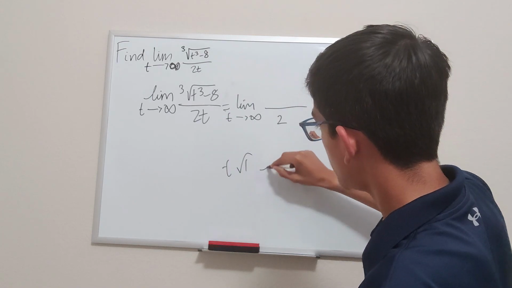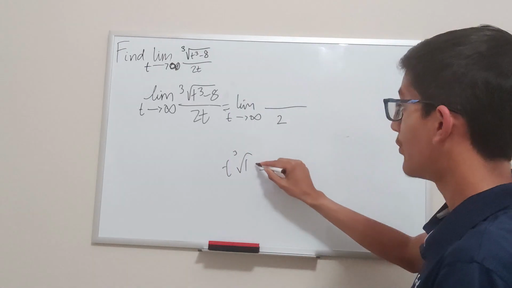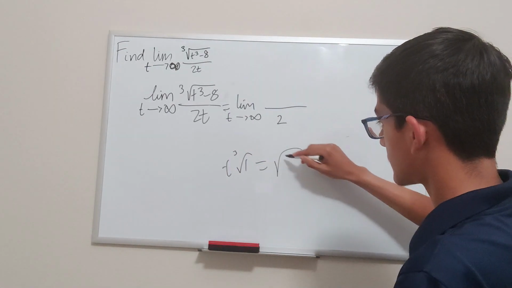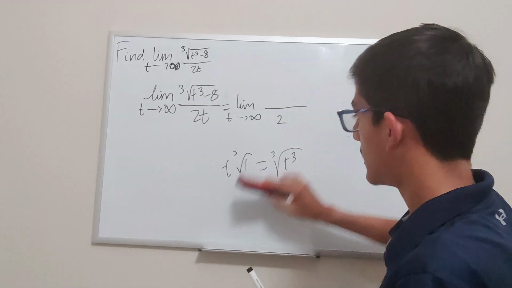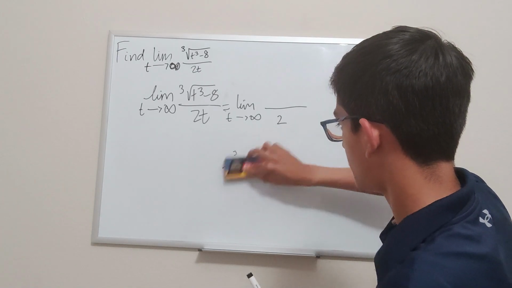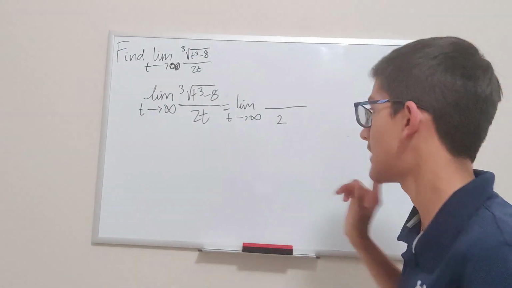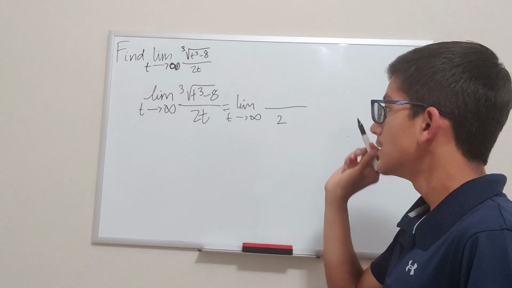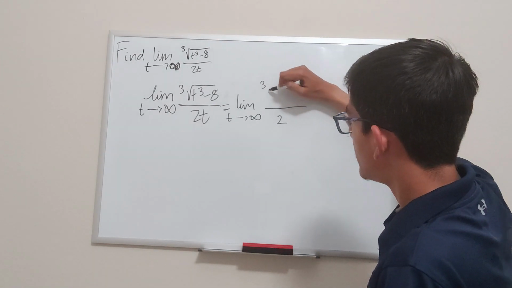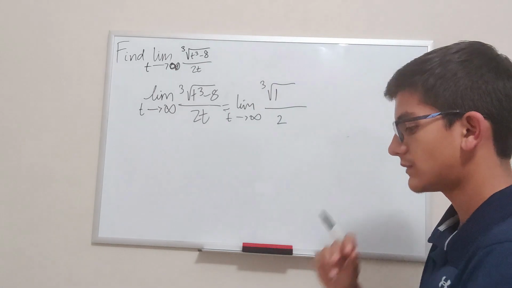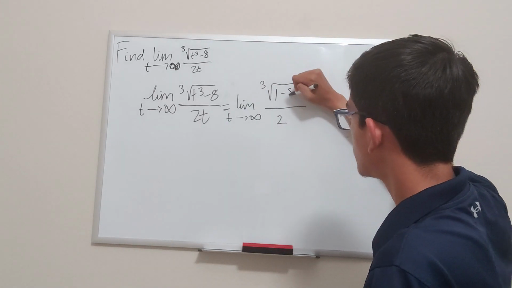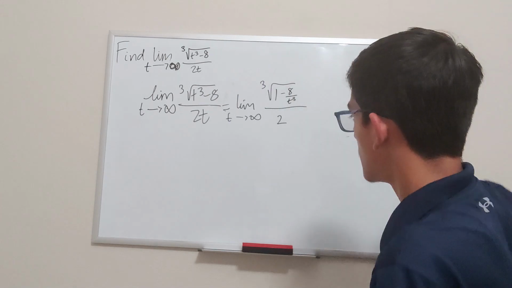So we have to divide by t cubed. In this case, it doesn't really make a difference, but you have to be correct, obviously, when you're doing mathematics. So we divide by t cubed, and we get 1, because t cubed over t cubed is 1, minus 8 over t cubed.